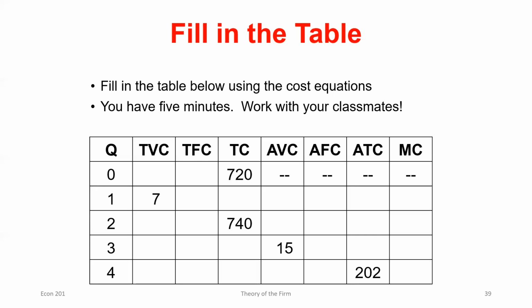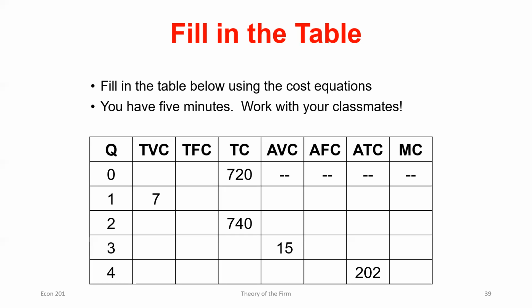So at the quantity of 0, I know that my total variable cost should be 0. Right? My variable costs were the ones tied to how much I was producing. So my total variable cost at a quantity of 0 should just be 0. So what would my total fixed cost be?